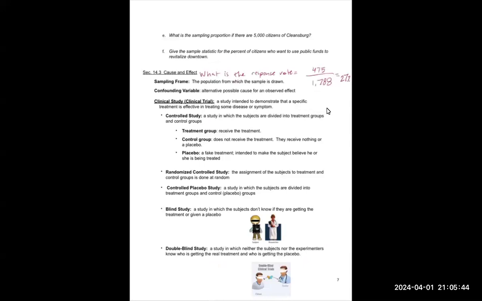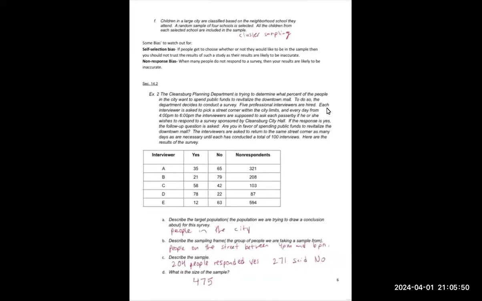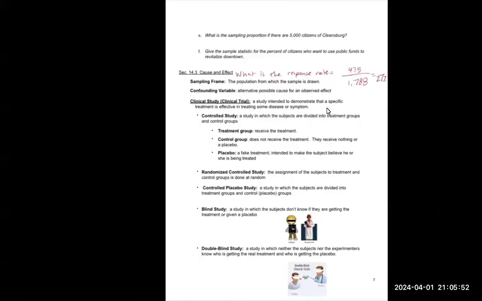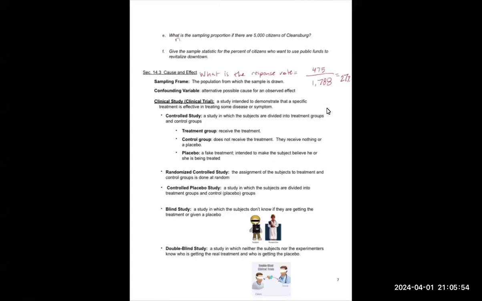And then they asked, what is the sampling proportion if there are 5,000 citizens of Clinsburg? So the sampling proportion from the beginning of the lecture was the sample size over the total population of citizens. So the sample size was 475 over the total population of 5,000.